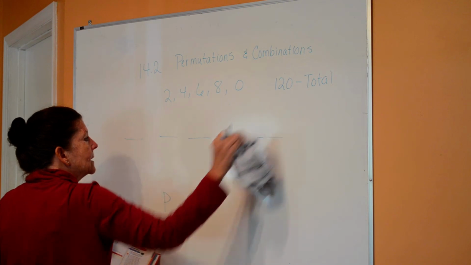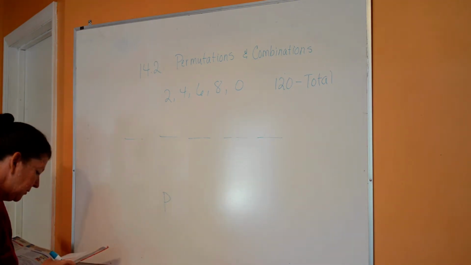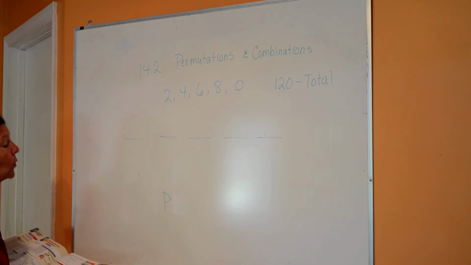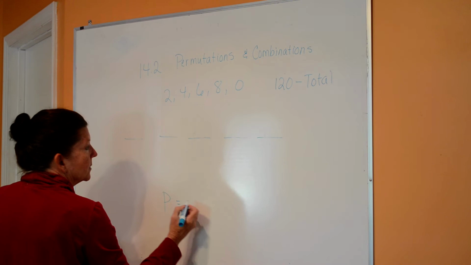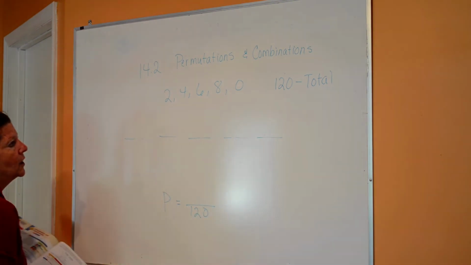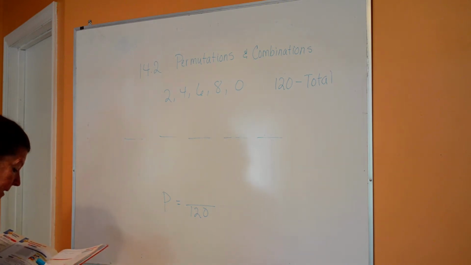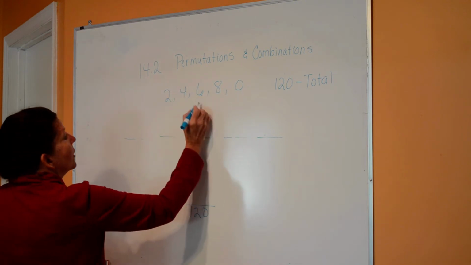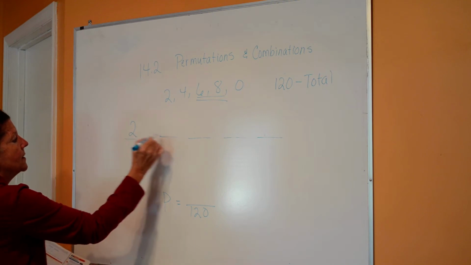Then my next part of the question asks me for the probability that the first 2 digits of his code are greater than 5. So here's my spaces. I know my total is 120. I've got to figure out my success. Well, my success says I'm going to be successful if the first 2 digits are greater than 5. Those are the only 2 that are greater than 5, so I have 2 choices there.